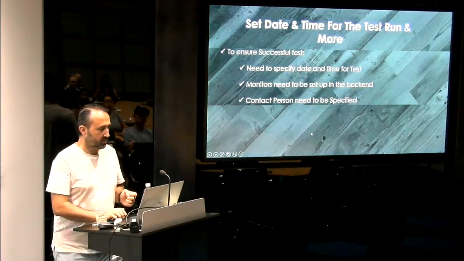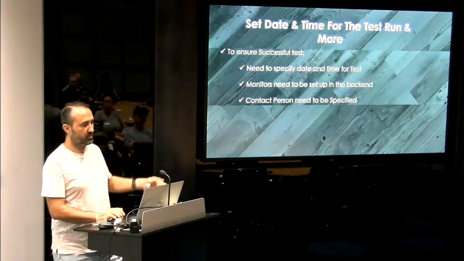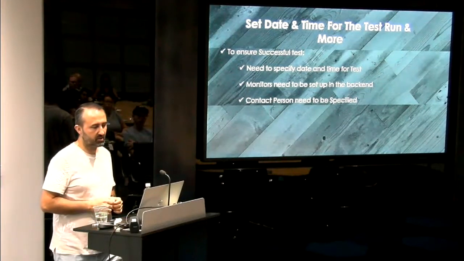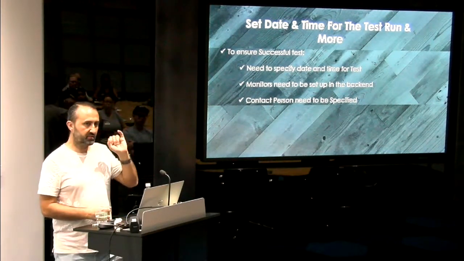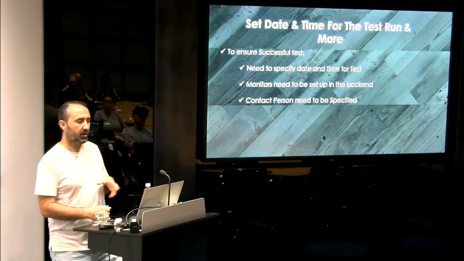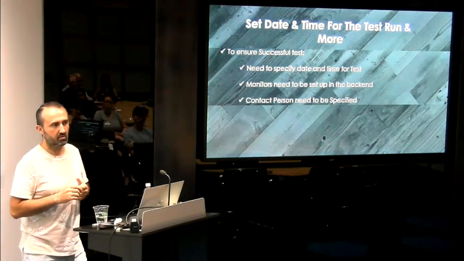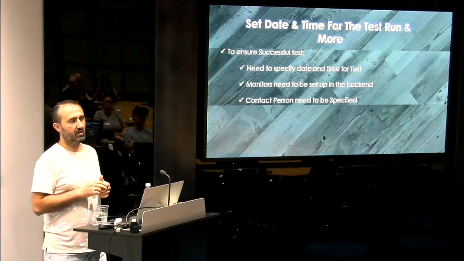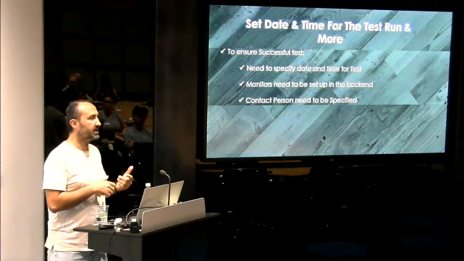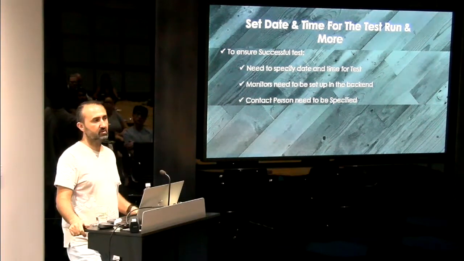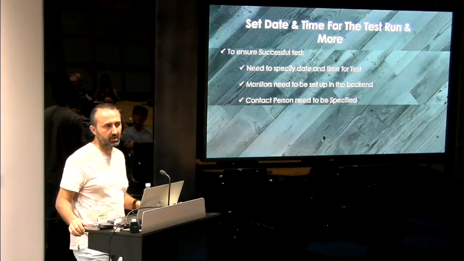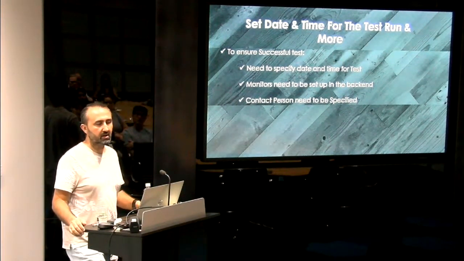So next, part of planning your testing is setting the time and date for your test run. You need to specify a time and date because when we're doing our testing, we talk to people that govern servers or monitor them, and we ask them to enable extra logging or put some kind of monitor in the back end.